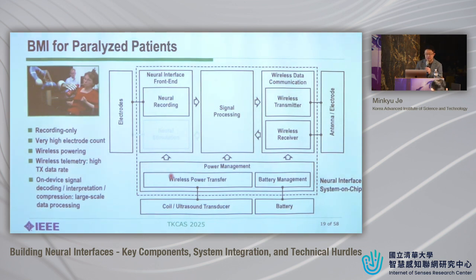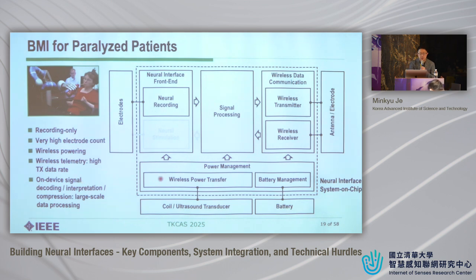Because it is dealing with recording the signal from a huge number of electrodes and processing the signals from those electrodes, it cannot be operated using only the battery. The battery lifetime will be very limited. So it is usually combined with wireless power transfer.